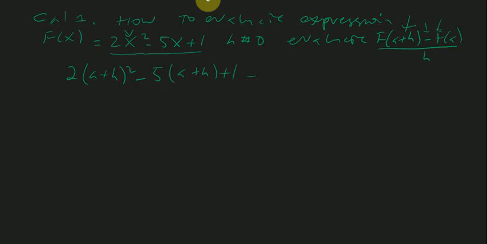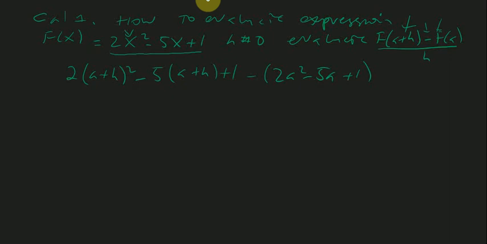For this part, in parentheses, 2a squared, because x squared with a replacing x gives 2a squared, minus 5a plus 1. This is the big picture of how to do the expression in calculus 1.